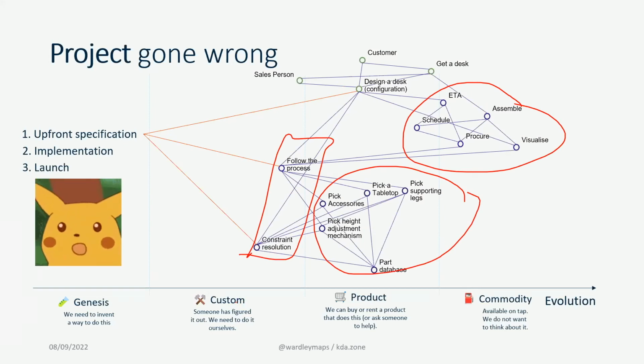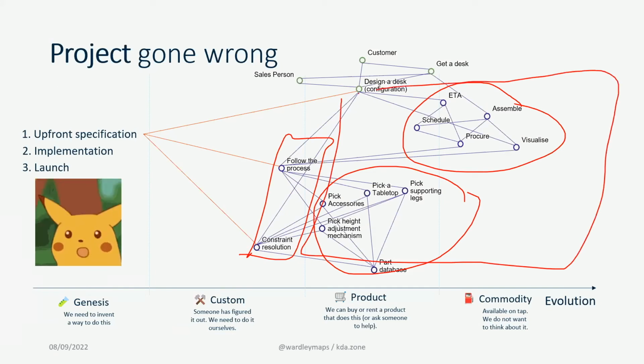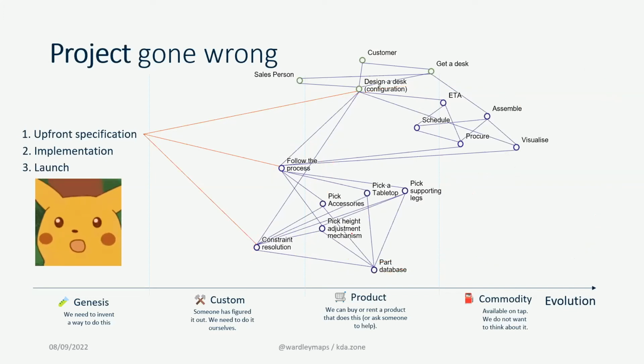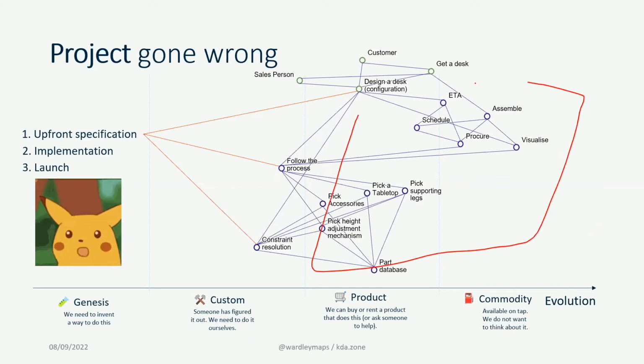So if I were, oh, one more thing. This thing on the right-hand side, and you will hate me for it, is perfectly suitable for waterfall. Since you can describe it very well, since there is almost no uncertainty in that space, there is nothing wrong in describing it once and implementing it for the rest of the time.